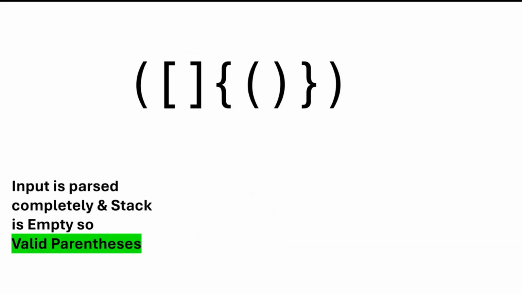And if we complete the parsing and stack is empty, it means valid parenthesis. If there is some string left on the stack, or if for a closing bracket we see the last open bracket is not of the same type, it means that it is not a valid parenthesis string. Let's understand the implementation of this approach.